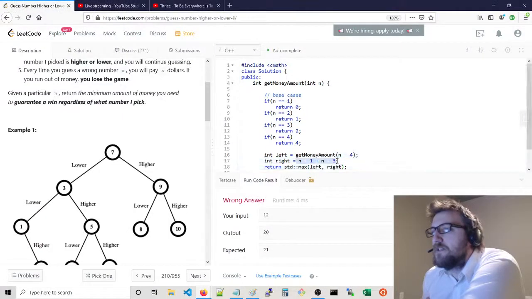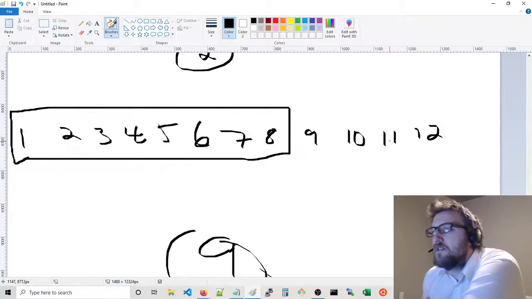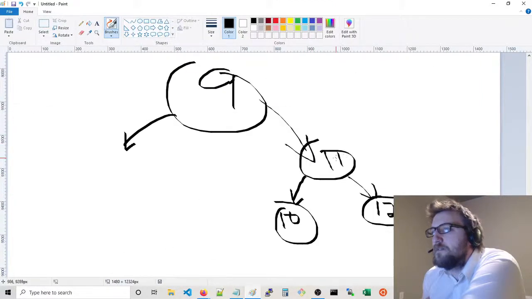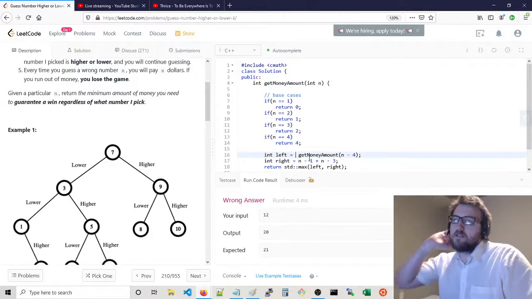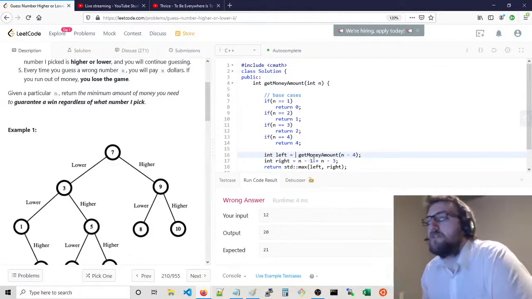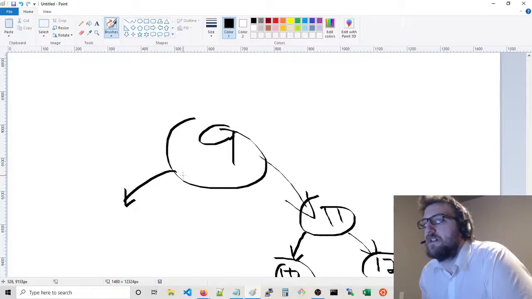The right side is n minus 3 plus n minus 1, yeah? And, oh, no, it's not n minus 4. It's n minus 4 plus 9.